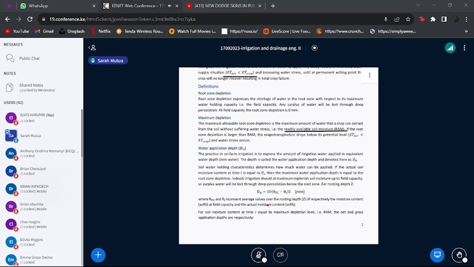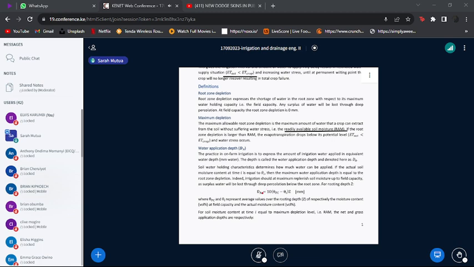You remember how to calculate an equivalent depth of water. It is usually 10 theta, and for a particular depth of soil, you multiply with root zone depth Z. So dA is usually given by 10 multiplied by theta FC minus theta I times Z.